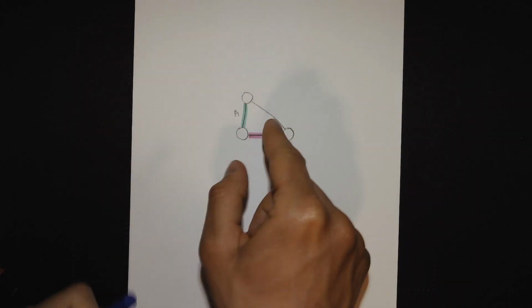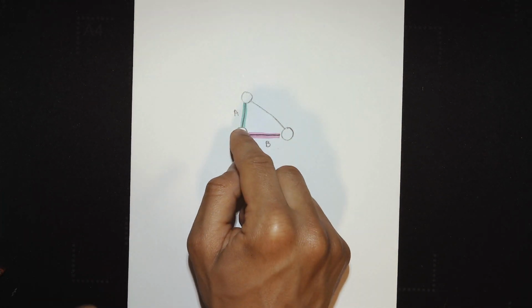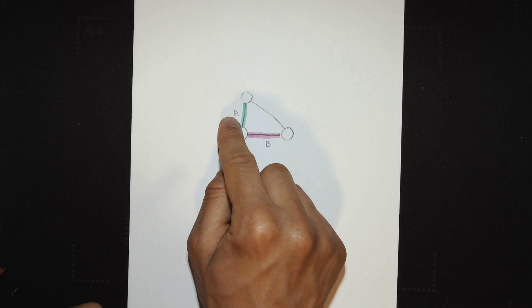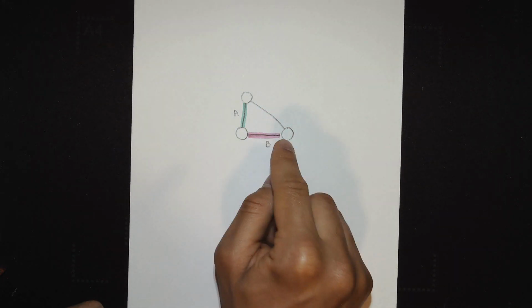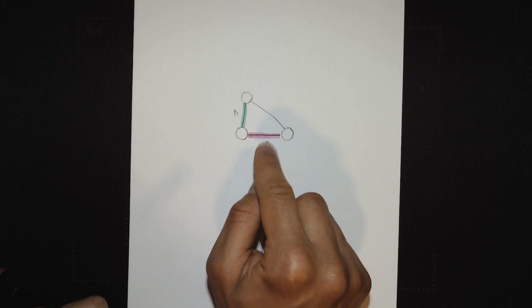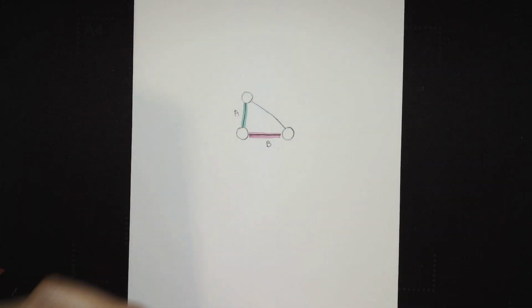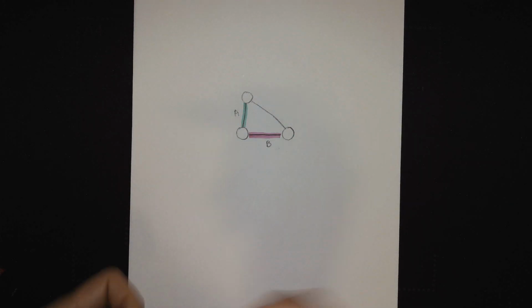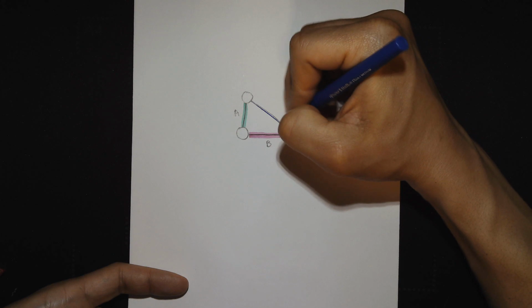This edge shares this vertex with this edge that we colored green, gave this label A. So it can't have that same label or color, and it also shares a vertex with the edge that we colored pink and gave this label B. So it also can't be this color. So it needs to have a different color from the other two edges, and we assign it that.